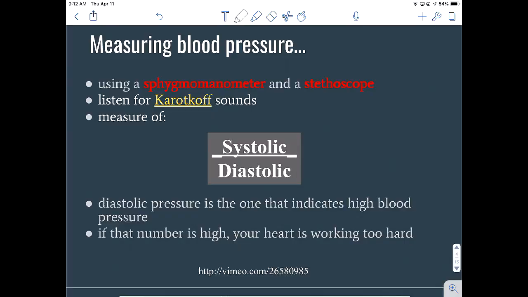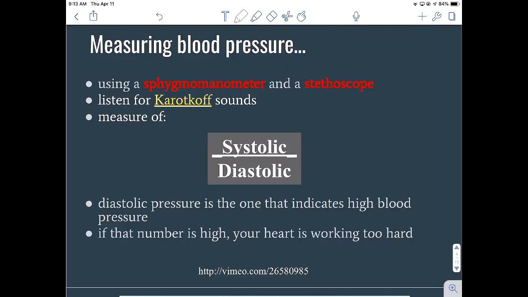And then you can release the pressure, and as you release the pressure, you'll be able to hear the heart sounds until a certain point. At the point where you can't hear the heart sounds anymore, that's the lowest point where the blood pressure with the cuff was doing any work, and that pressure would be the diastolic pressure.